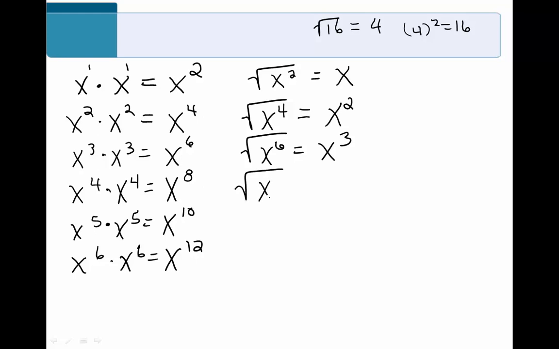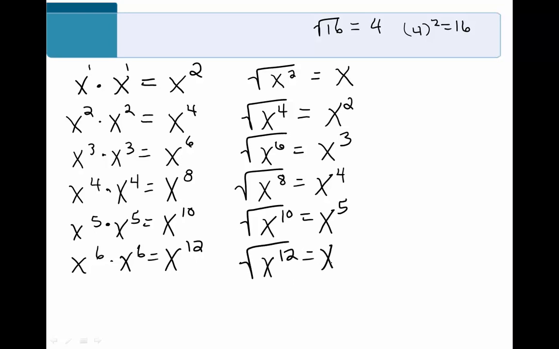The square root of x to the eighth will be x to the fourth, because x fourth squared is x to the eighth. The square root of x to the 10th is x to the fifth. And the square root of x to the 12th will be x to the sixth, because x to the sixth multiplied by x to the sixth is x to the 12th.